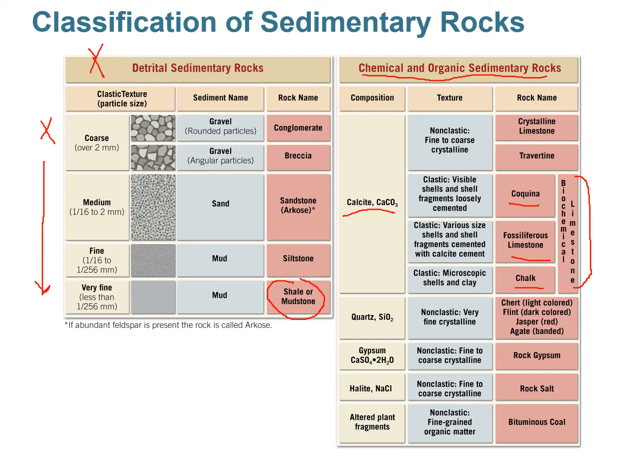And if it's formed inorganically, then we either have travertine or crystalline limestone. Then if it's quartz, these are the different varieties of chert or microcrystalline quartz. Gypsum, you have rock gypsum, or if it's an evaporite, rock salt. And then finally you have coal, and that's made up of altered plant fragments.